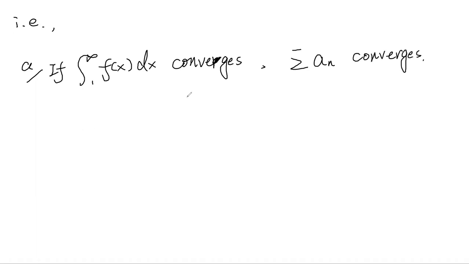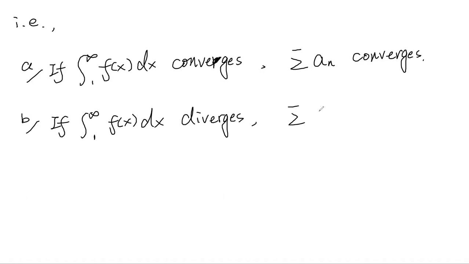If the improper integral diverges, then the series also diverges. And from this theorem, we can relate the convergence and divergence of a series with the convergence and divergence of an indefinite integral, what's called an improper integral.